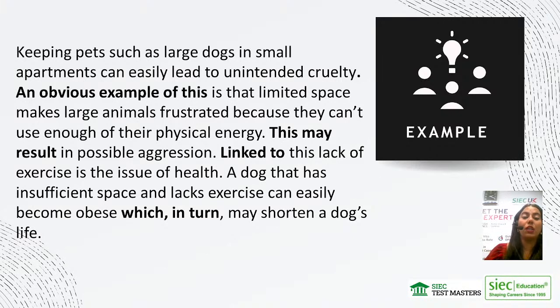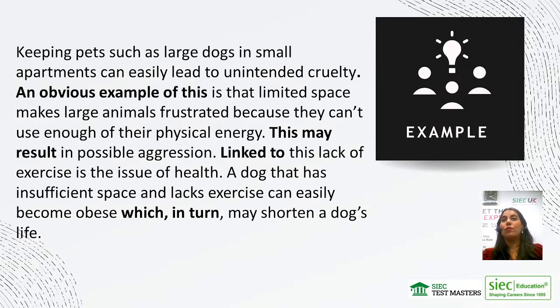This may result in possible aggression. Linked to this, lack of exercise is the issue of health. They are not able to exercise because there is no space. Now, a dog that has insufficient space and lacks exercise can easily become obese, which in turn may shorten a dog's life. Now, this is something which comes out as the body paragraph for any essay type.